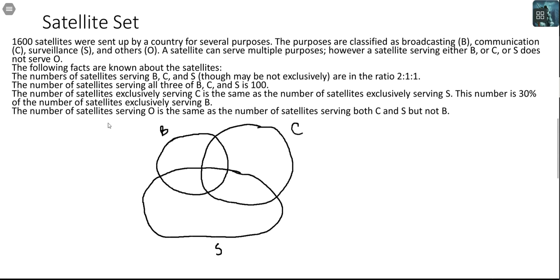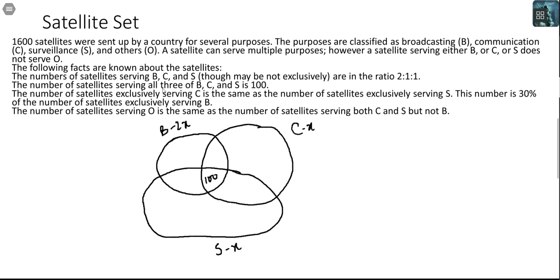The number of satellites serving BCS, though may not be exclusively, are in the ratio 2:1:1. So this is 2x, this is x, this is x. The number of satellites serving all three of BCS is 100. So this region is 100.